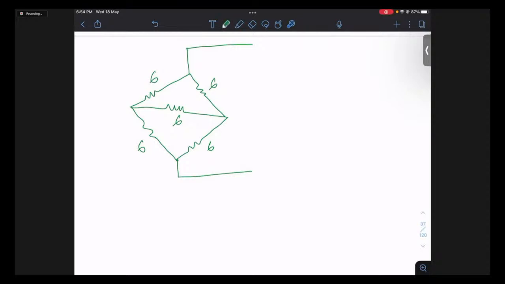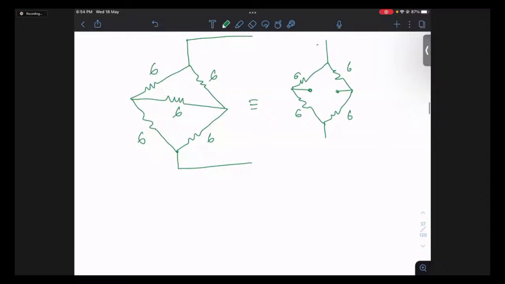This circuit is equivalent to either replacing this 6 ohm by an open circuit, which we very frequently do, or replacing it by a short circuit. If you replace it by a short circuit, it will look something like this. Or you can replace it by any other resistor. It really doesn't matter.